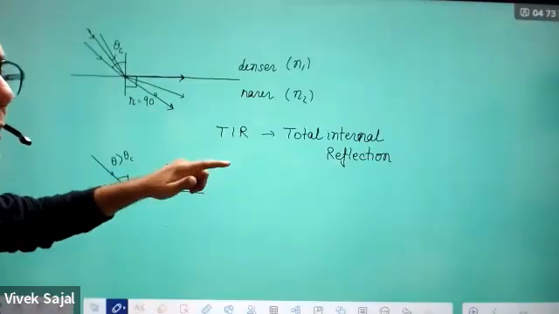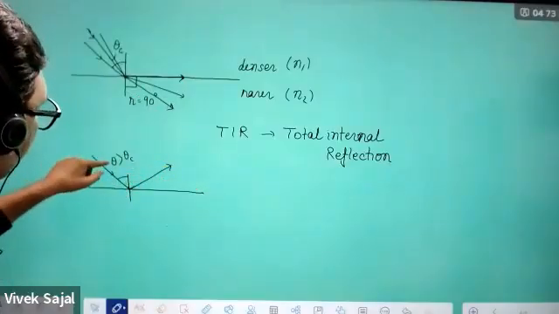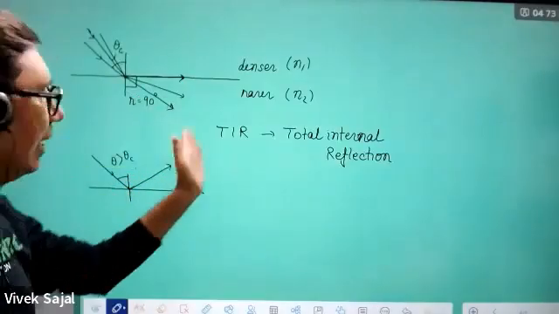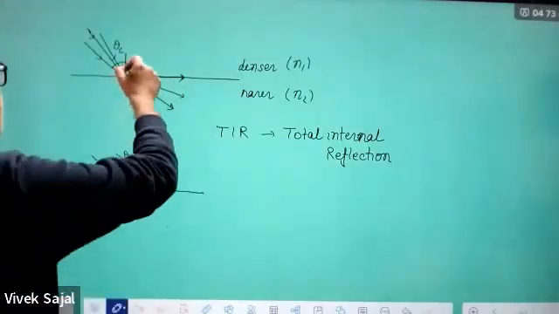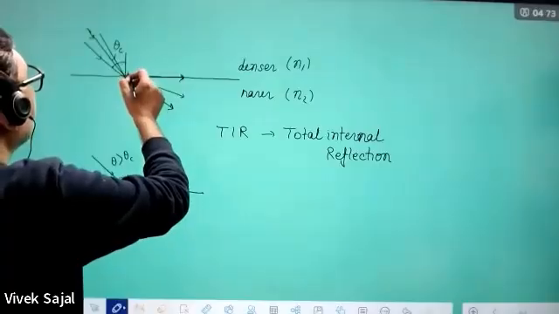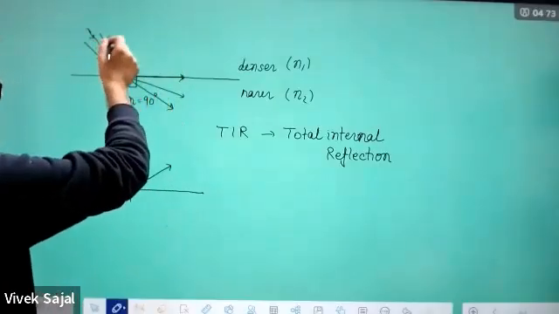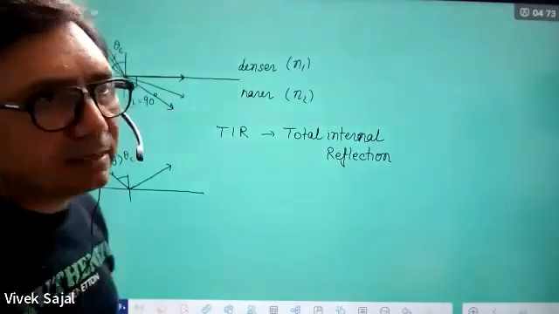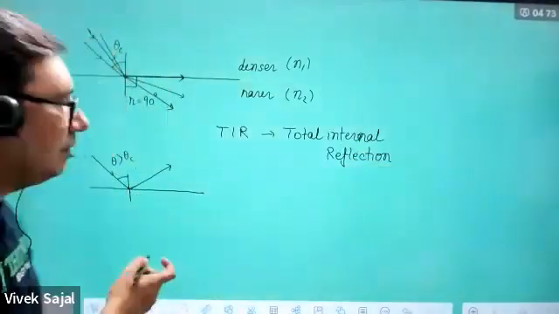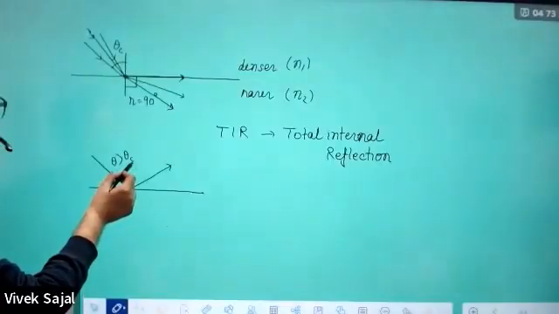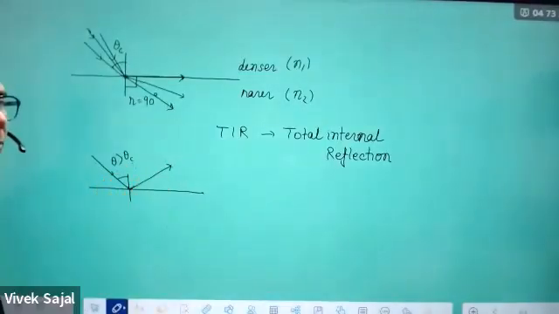So when light is launched at an angle greater than theta c, you will have only the reflected part of the light. In other cases, both reflected and refracted parts were there.